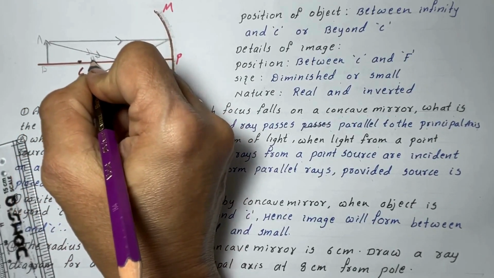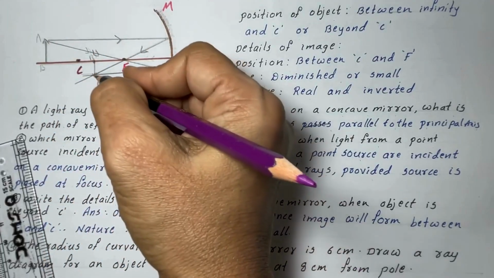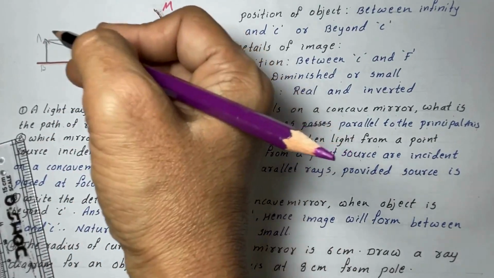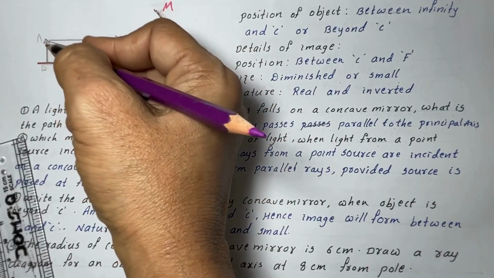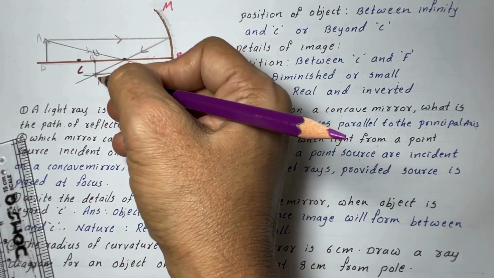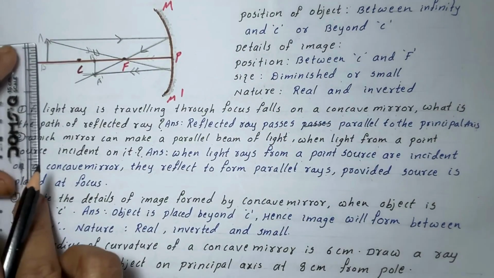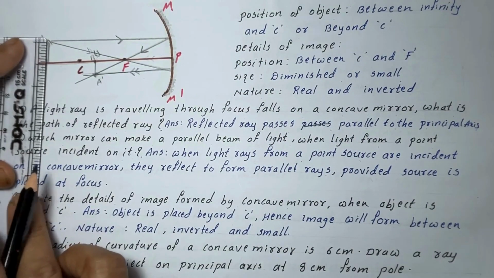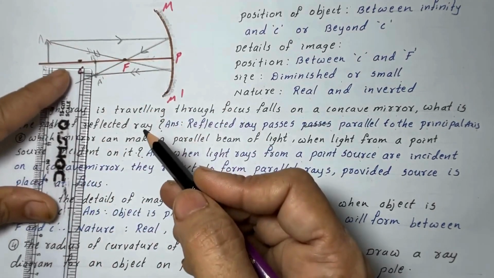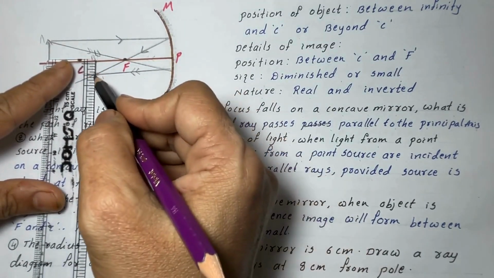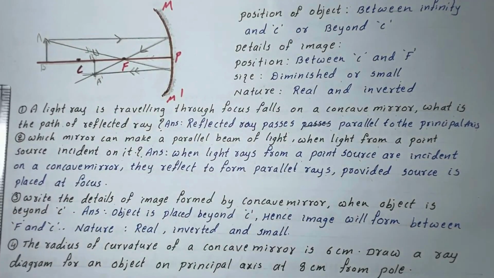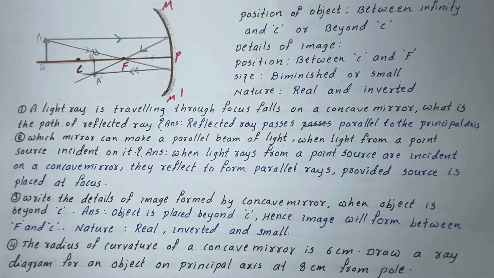So here we get the image of the point B. This A dash B dash is the image of AB, and it is an inverted image of this erect object. And you see the size of the image. Object size is 1 centimeter, but image size is just half a centimeter. So this is a small image.